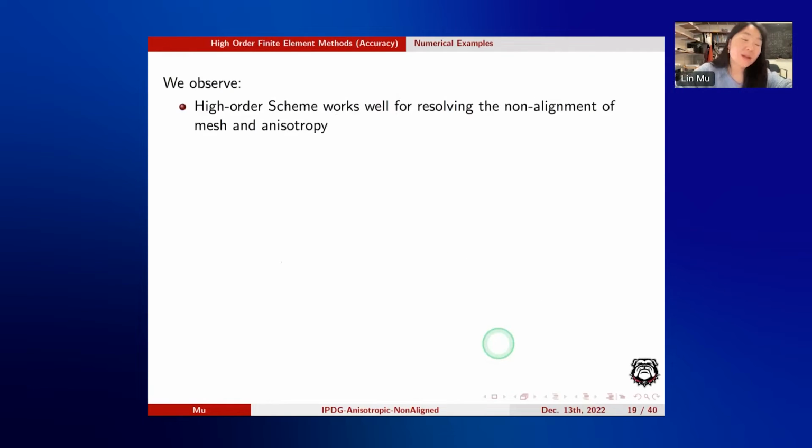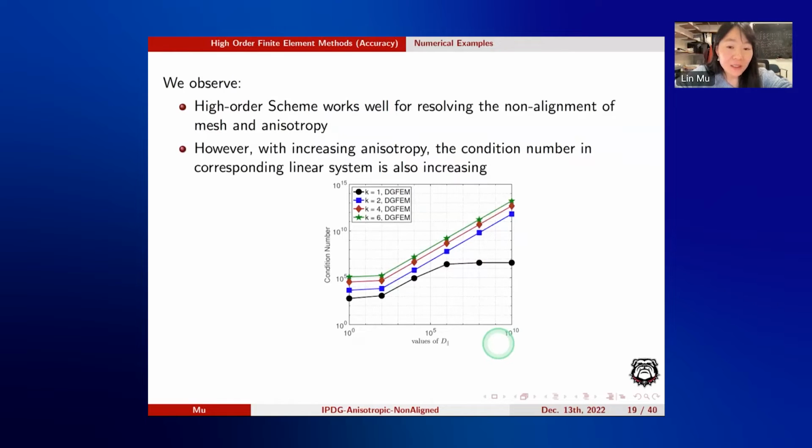Now a little summary of what we have observed. We have observed the high order scheme works well for resolving the non-aligned mesh and the high anisotropy in the problem. But with the increasing anisotropic ratio, the condition number of the linear system is also increasing. Here is a figure to demonstrate that.